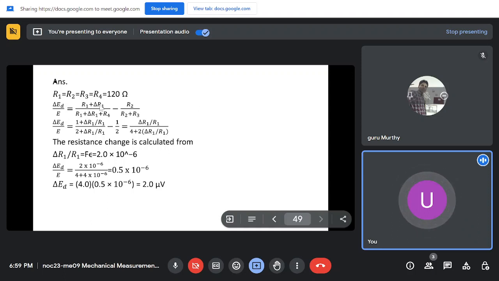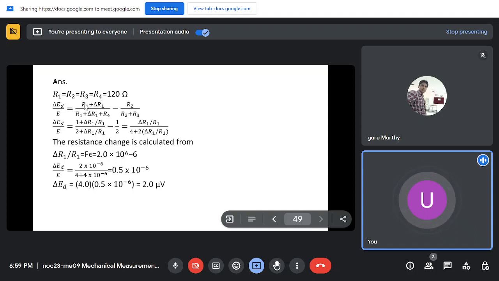If it changes by delta R1, it becomes R1 plus delta R1 by R1 plus delta R1 plus R4. That is the change because of the change in resistance due to the strain induced on the strain gauge. So that will cause the bridge to generate some voltage, that is delta E. So you have to measure that.